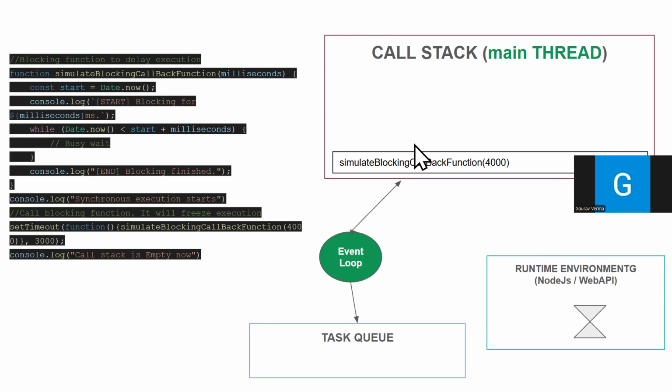As soon as the call stack is empty, it takes the function from the task queue and puts it into the call stack to execute. So that is how JavaScript basically works. I think I was able to explain what the call stack, event loop, and task queue are.